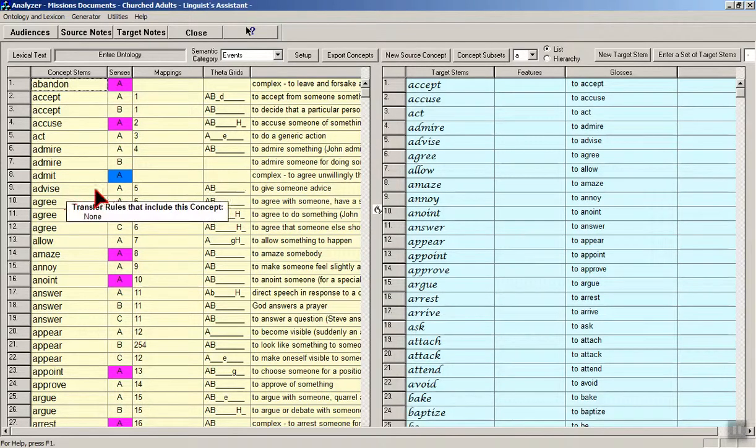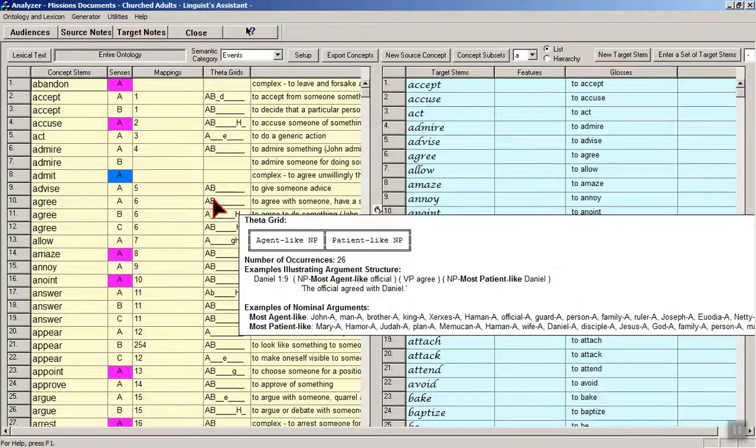Okay, let's look at agree. There's more than one sense of agree here. The first one, you can see it has an agent-like noun phrase and a patient-like noun phrase. And the example is, the official agreed with Daniel.